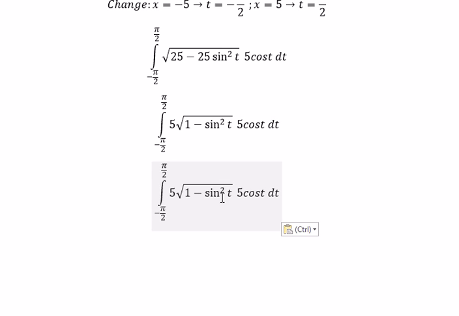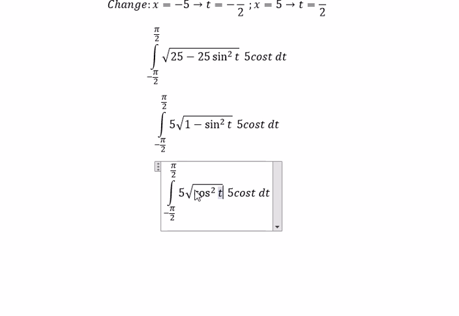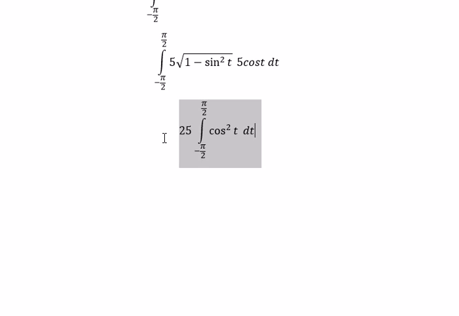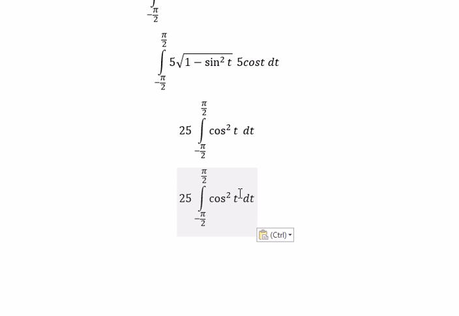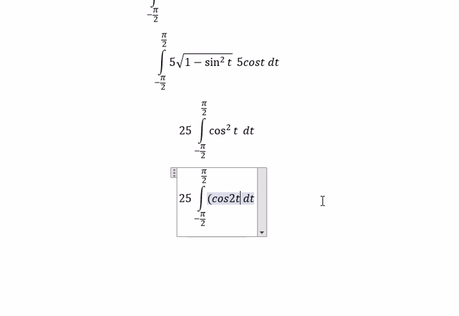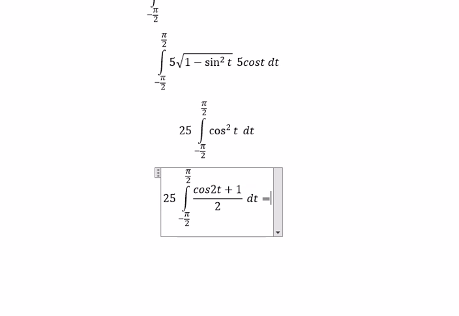One minus sin t squared gives cosine t squared, and you get cosine t, and we have 25 cosine t squared. We know that cosine t squared can be changed to cosine 2t plus 1 over 2, and we can get the final answer.